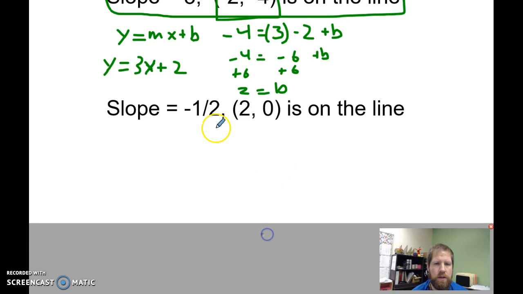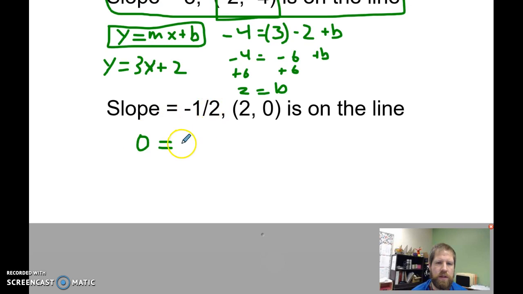Okay, let's do another one. Fill in what you know for your form. So we have 0 is equal to the slope, -1/2, times x, which is 2.